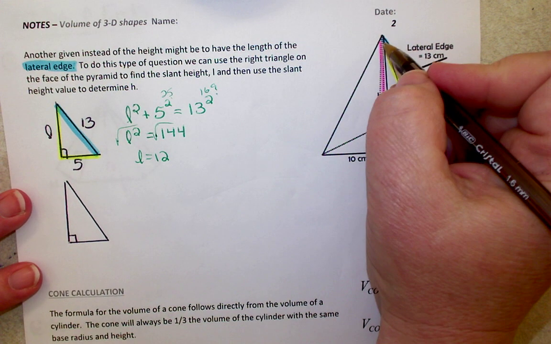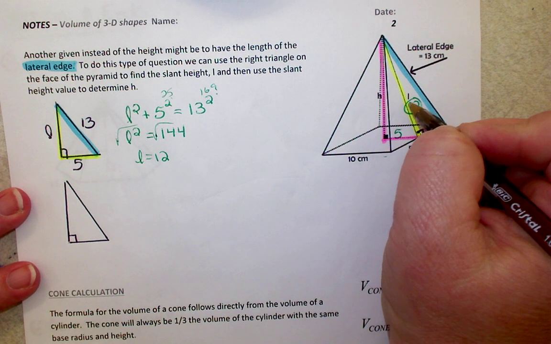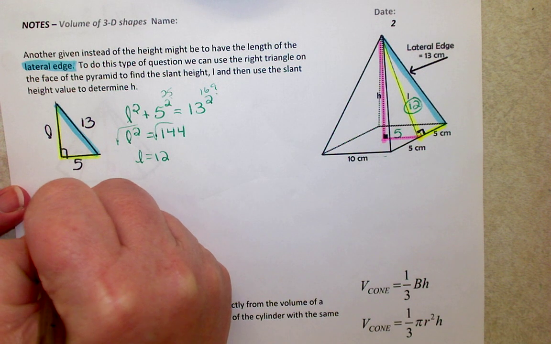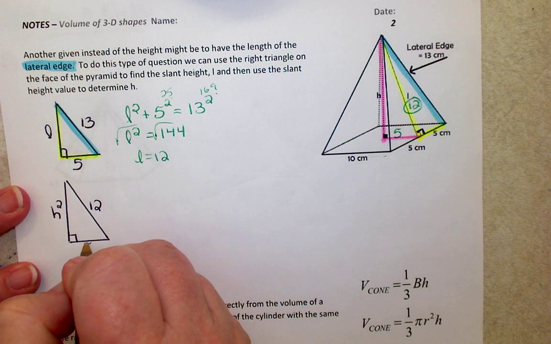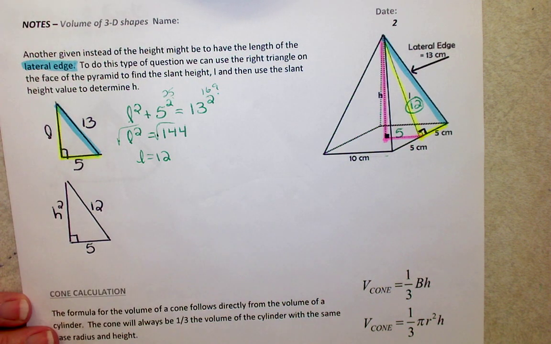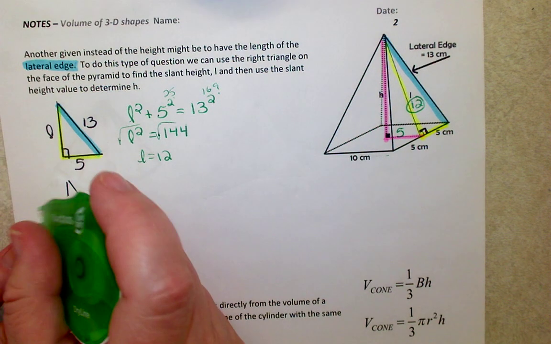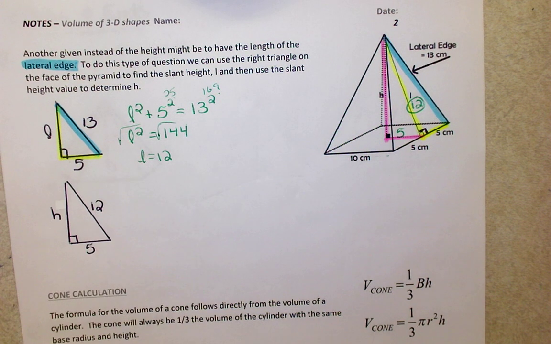All right, so my slant height for this one is acting as my hypotenuse, so that's 12. I don't know my height, but I do know that my apothem is 5. Oops, why did I put h squared there? Meant to put an H.